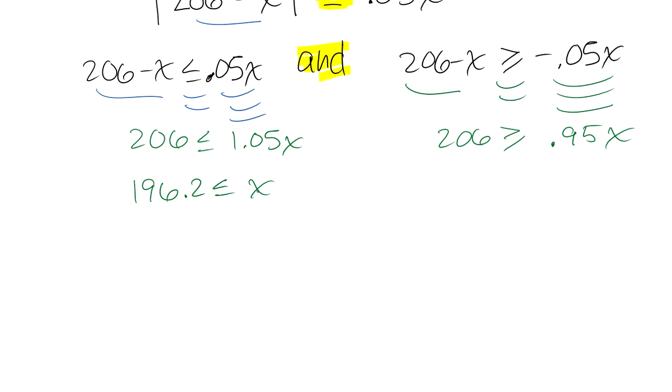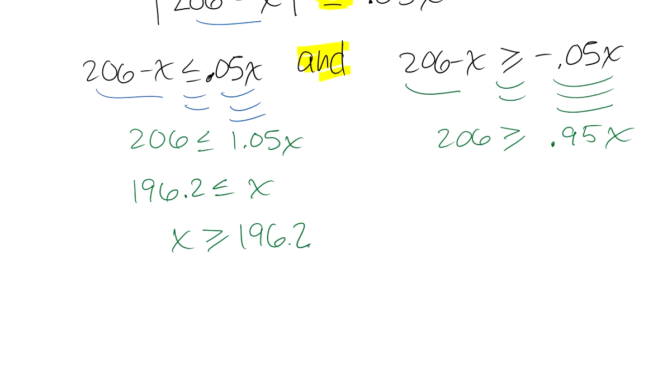So I'm going to rewrite this and flip the order around. What this is saying is x is the greater thing. So x is greater than or equal to 196.2. That's the lower bound. If my recorded time was 206, my actual time could have been much faster than that. I could have done the race in 196.2 seconds. So this is the lower bound.